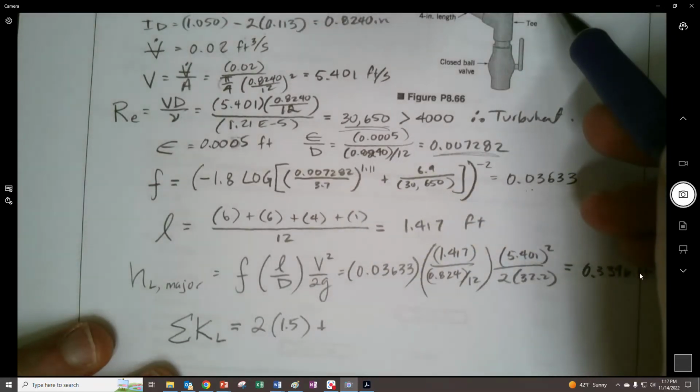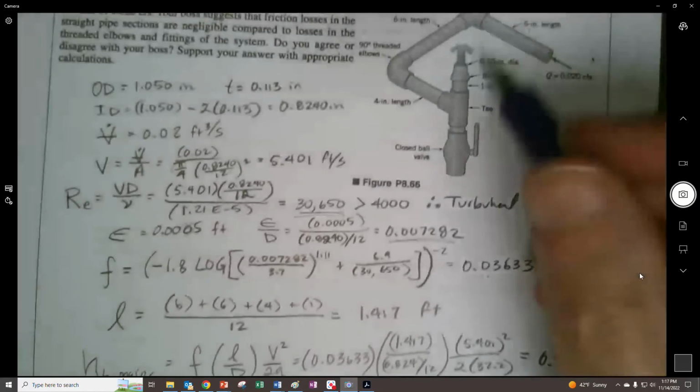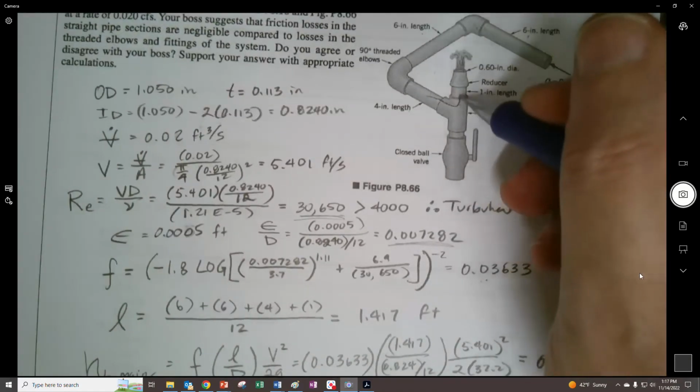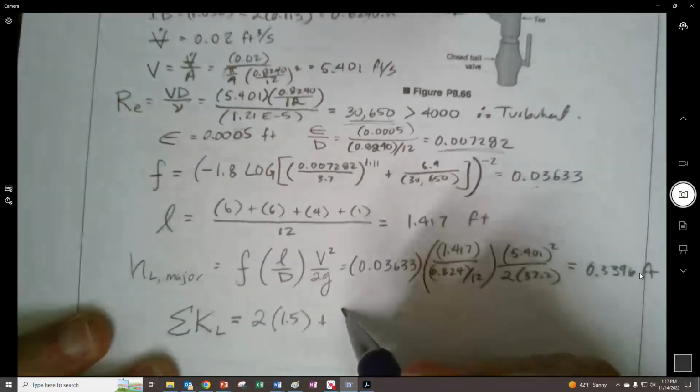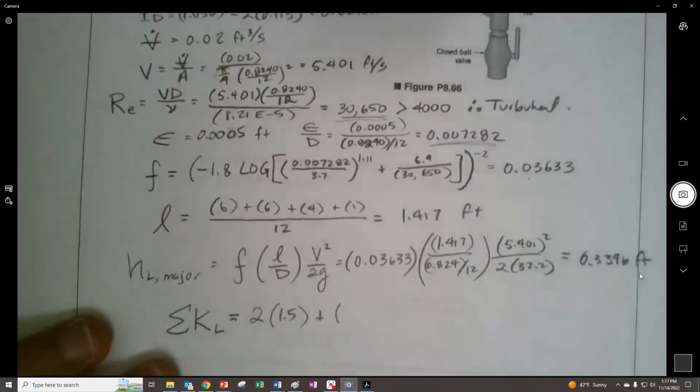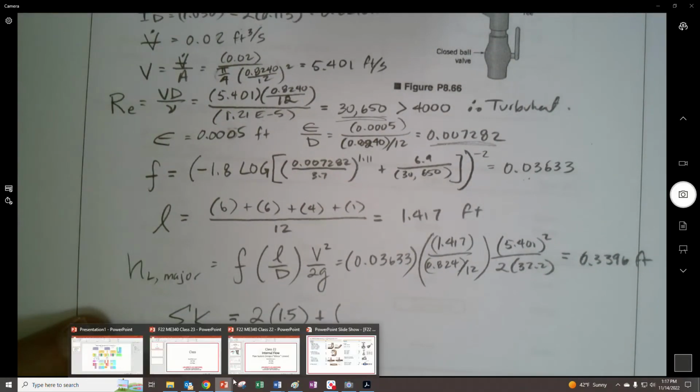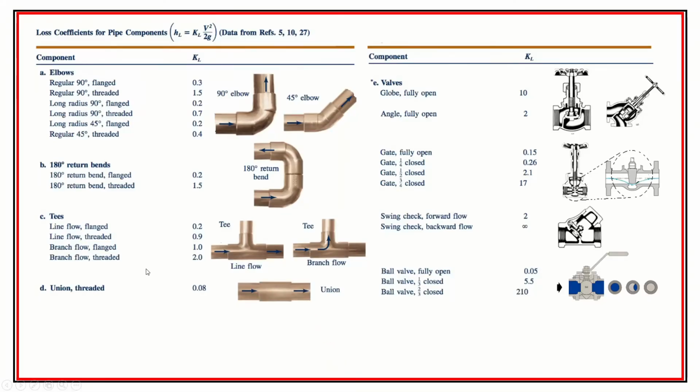We have a branch. We're going through a branch too because we're going up this way and coming back that way. So we're going to have a branch, and if you'll recall, a branch was branch flow threaded 2.0.